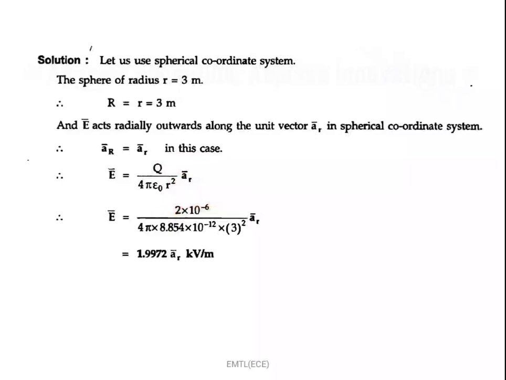So the microcoulombs are converted into coulombs by multiplying with 10 power minus 6. So Q is equal to 2 into 10 power minus 6 by 4 pi into 8.854 into 10 power minus 12, and the radius 3 square, AR bar.